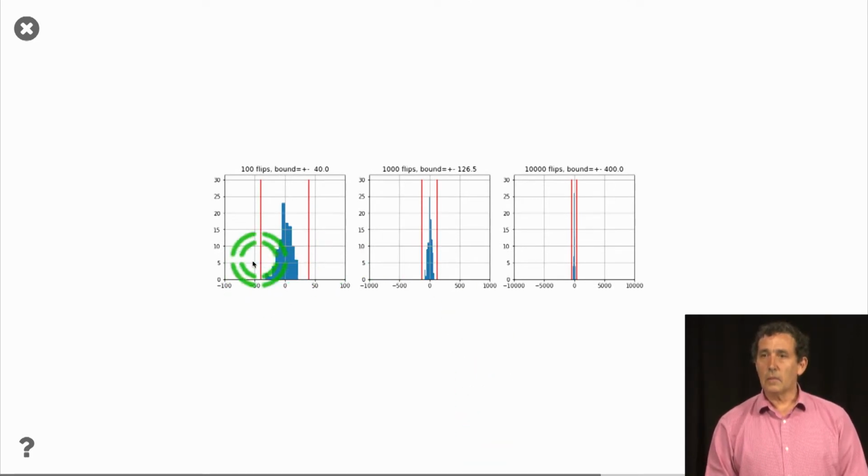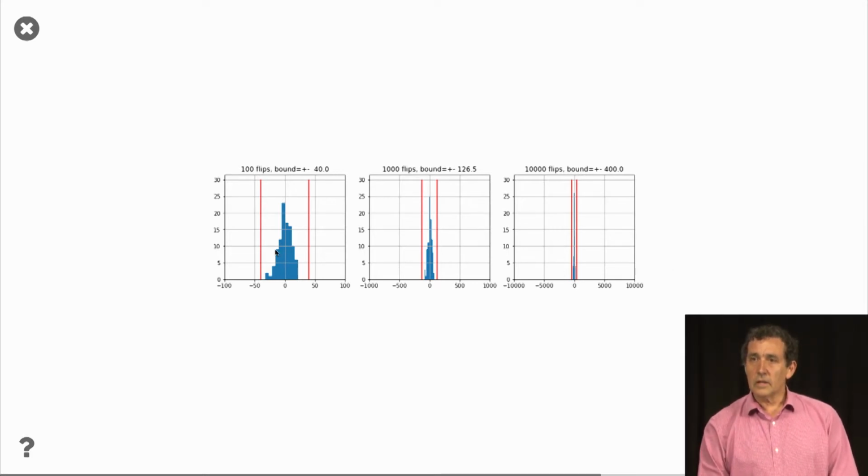So when we plot the whole scale from minus 100 to 100 for 100 coins, and from minus 10,000 to 10,000 for 10,000 coins, then we see that the distribution becomes more and more concentrated around 0 relative to this scale. Okay?